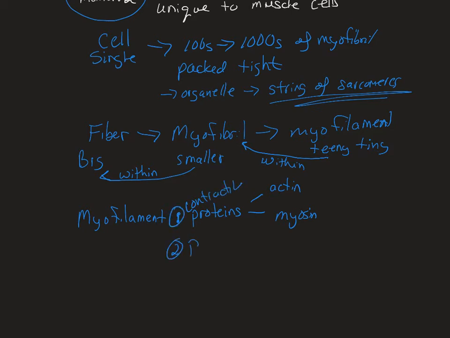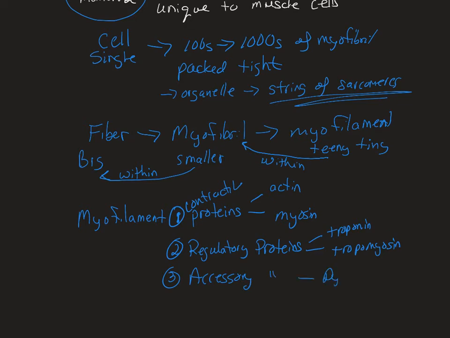They also have regulatory proteins, and the two major ones are troponin and tropomyosin. Then there's one more protein we're going to talk about, an accessory protein, called dystrophin.